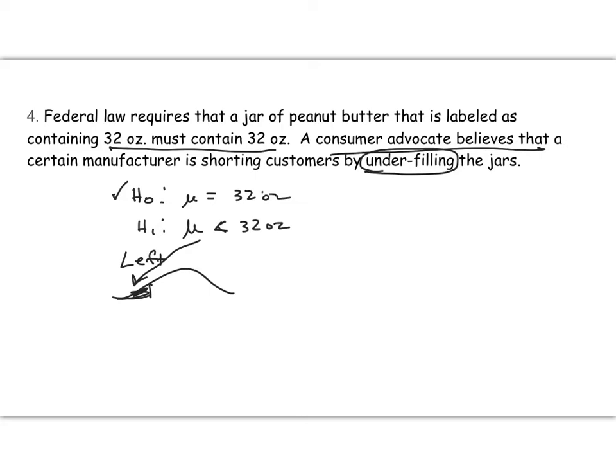If I fail to reject and it's true, that's a correct assumption. Or I could reject my null hypothesis, and my alternate hypothesis could be true. So that would also be a correct assumption.